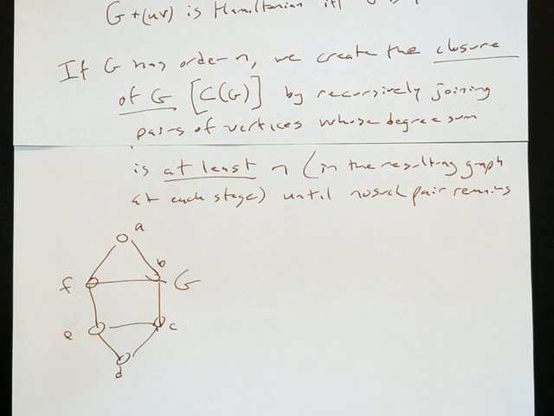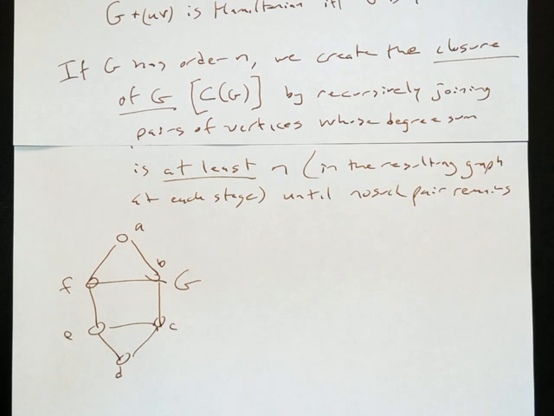So take two non-adjacent vertices whose degree sum is at least n. Two vertices that are not currently adjacent, whose total degree sum is 6 or more. Wait a minute. The minimum degree of a vertex on this graph is 2.